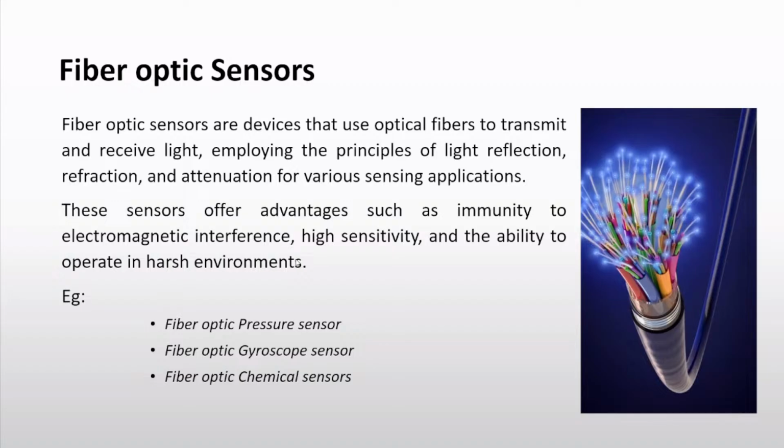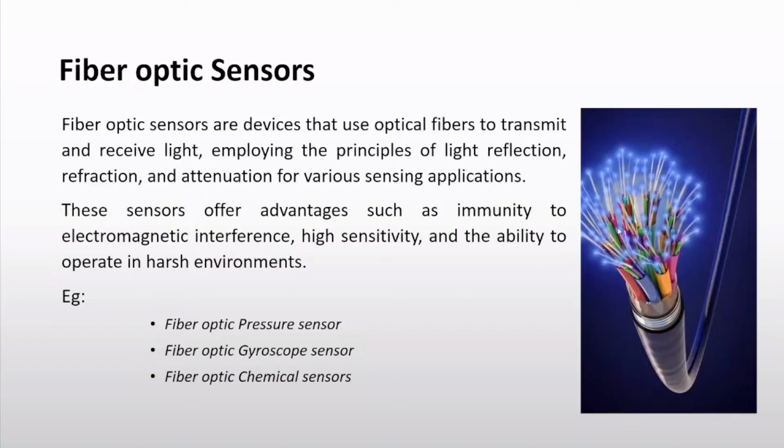There are many types of fiber optic sensors, and they can be used in a wide range of applications. Pressure sensors, gyroscope sensors, chemical sensors, almost all sensors can be made using fiber optics. Why are fiber optic sensors very important? They offer advantages such as immunity to electromagnetic interference.